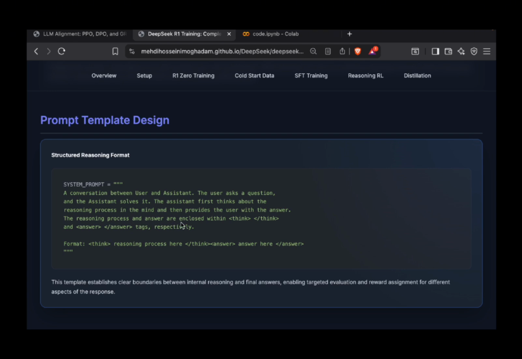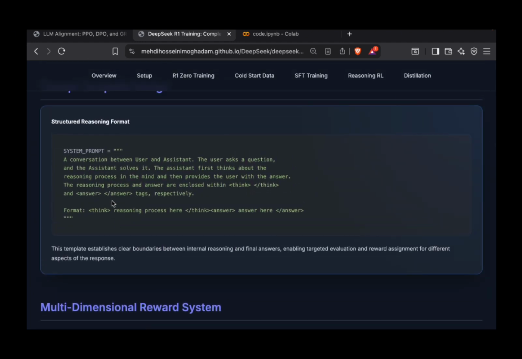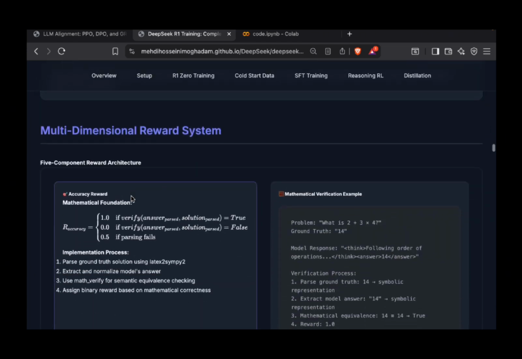The reasoning process and answer are enclosed within think and answer tags, respectively. So this is the system prompt, and in a minute we will find out how we can put in a reward function to make sure that the model will behave in this manner.